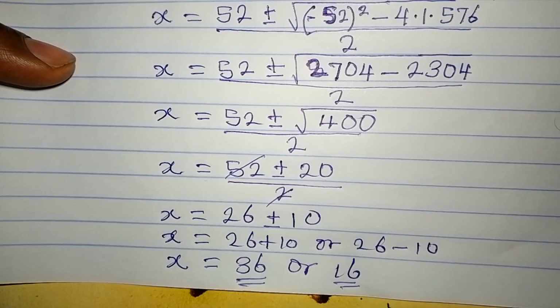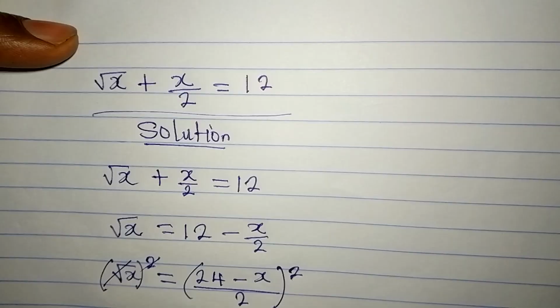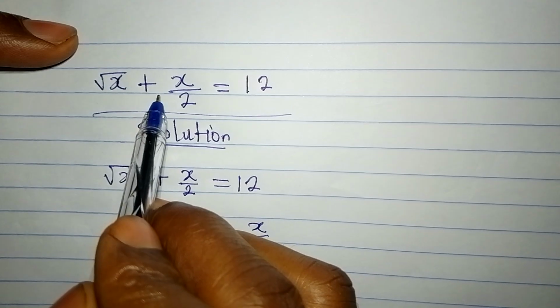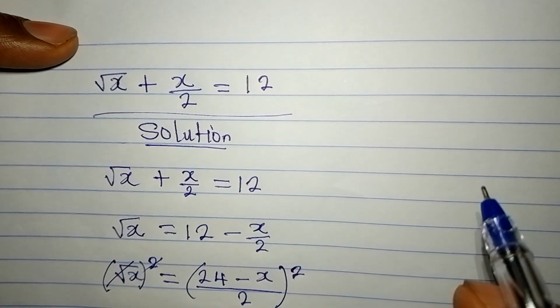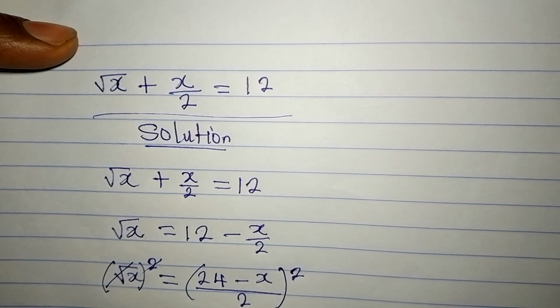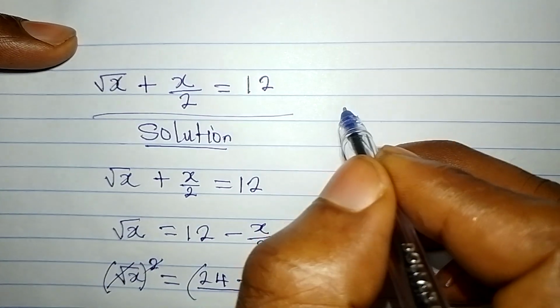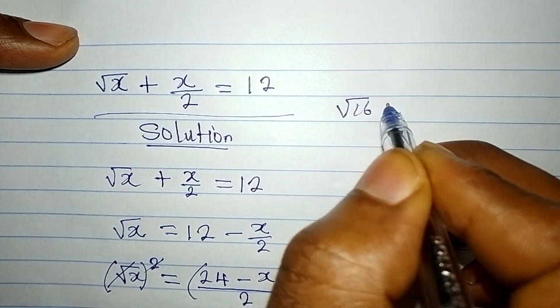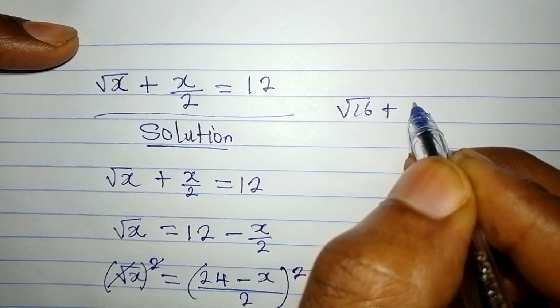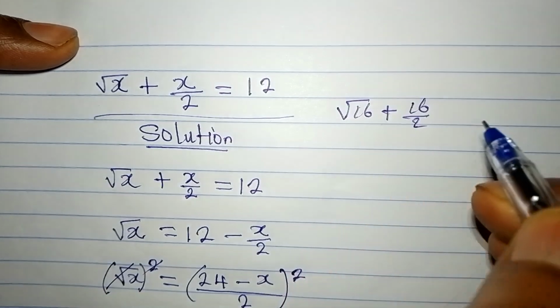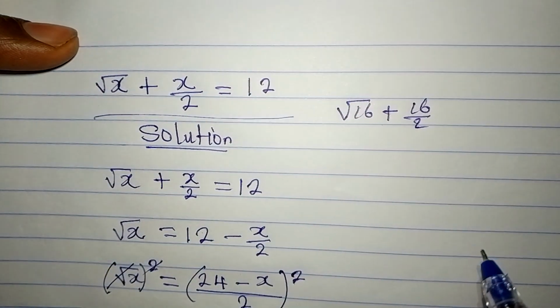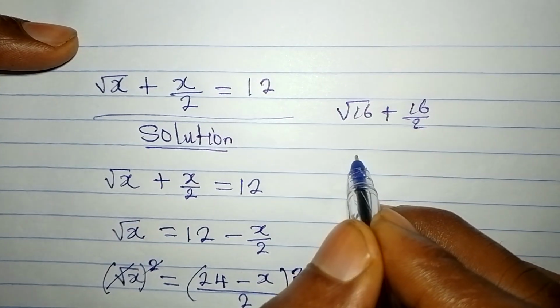Now let's confirm. Here we have the original equation. One of the values of x is 16. Let me work with 16 first. So we have square root of 16 plus 16 over 2. Will this give us 12? Square root of 16 is 4.